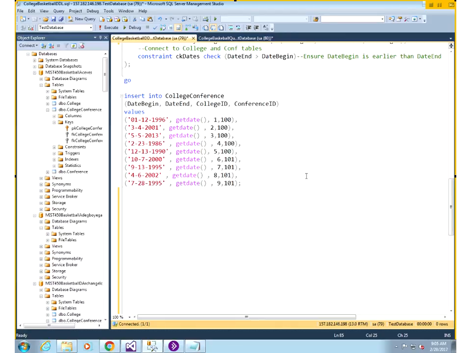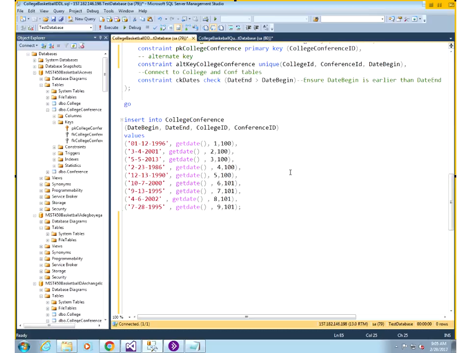And if I asked you what this is indicating whenever we say getdate here, it means that they're still in the conference.